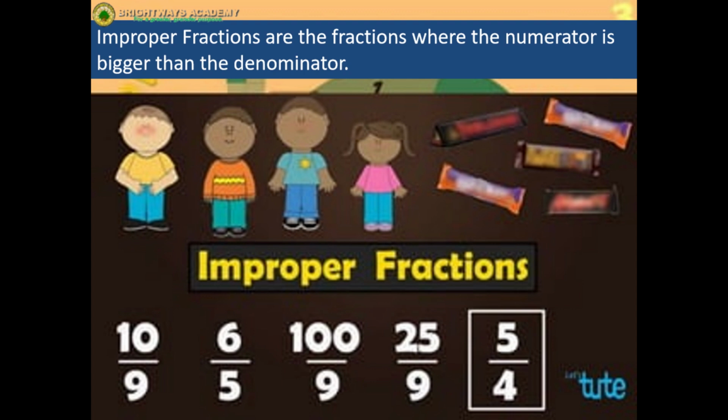The next one is the improper fraction. An improper fraction is where the numerator is bigger than the denominator. So, if the numerator of a fraction is equal to or greater than the denominator, then it is an improper fraction.